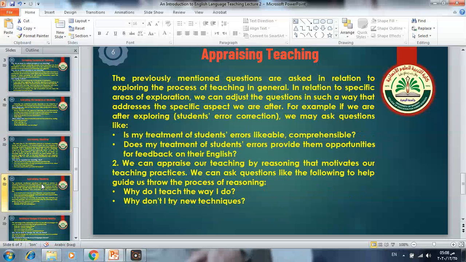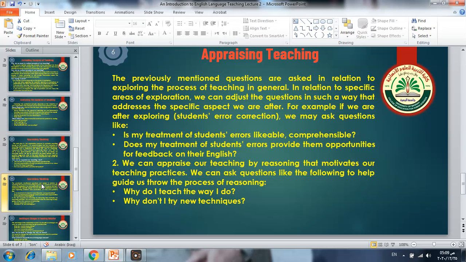Now, the previously mentioned questions are asked in relation to exploring the process of teaching in general. So they are asked for the sake of exploring the process of teaching in general. If you are after appraising specific aspects or areas of your teaching, you have to adjust the questions in such a way that addresses the specific aspect you are after.